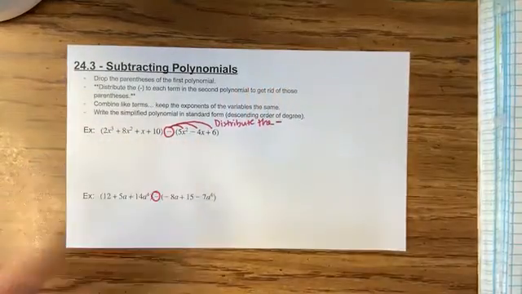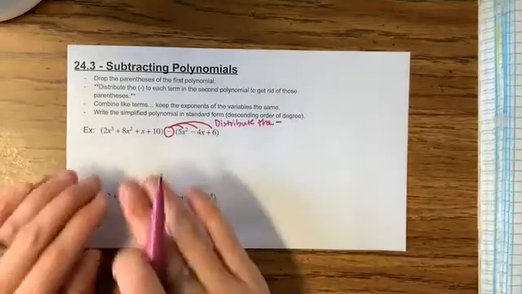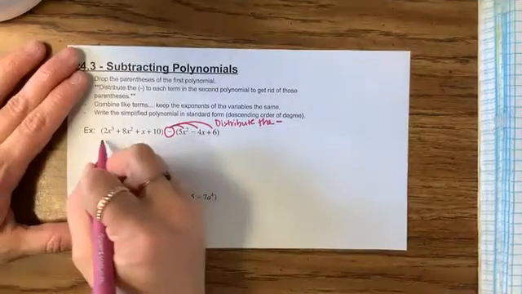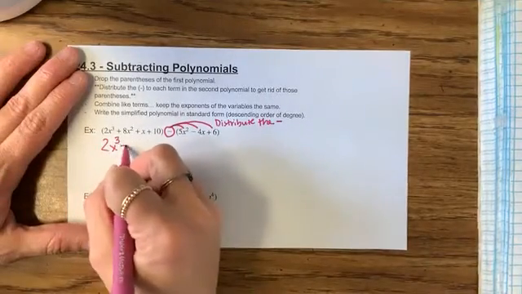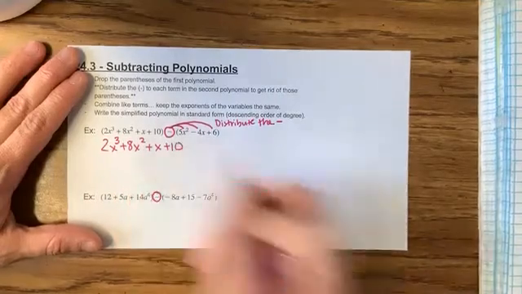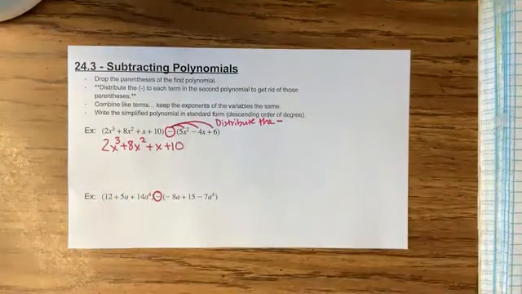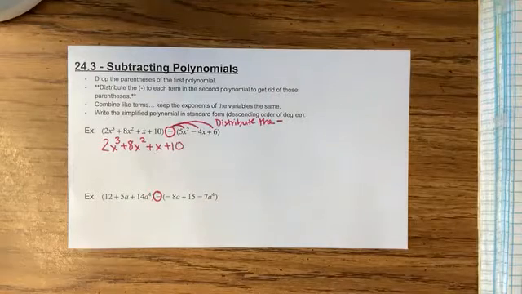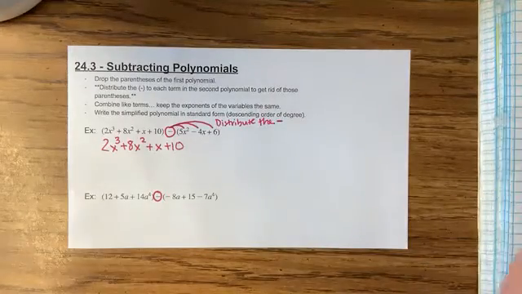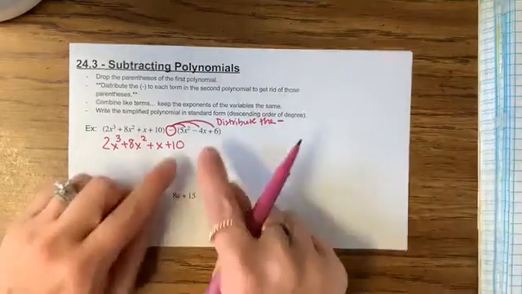Distribute the negative. Okay. So you rewrite the first one, dropping the parentheses because none of those signs are going to change. So it's 2x cubed plus 8x squared plus x plus 10. Just rewrite that first polynomial, no signs change, drop the parentheses. Now you are going to rewrite the second polynomial, distributing the negative, or changing the signs of those inside the parentheses.